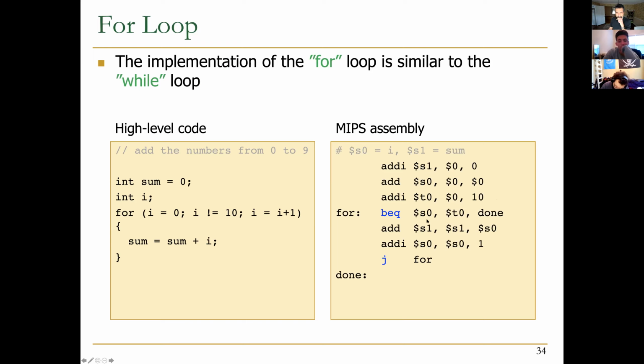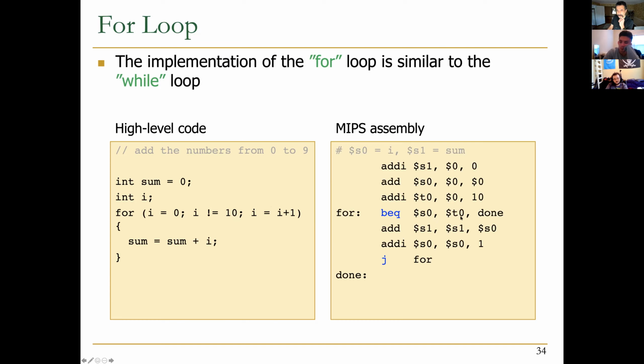Okay. So here we branch if these 2 values, S0, again, are equal. This is negating the condition, because this line gets executed until the condition is met, meaning I is not equal to 10. The negation of this is if I is equal to 10.